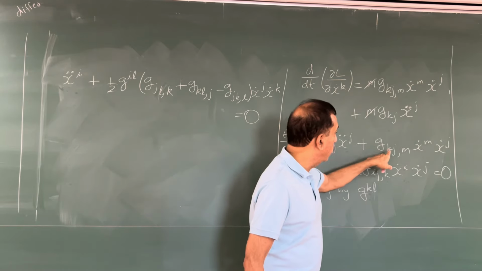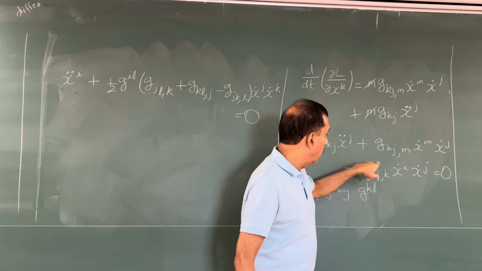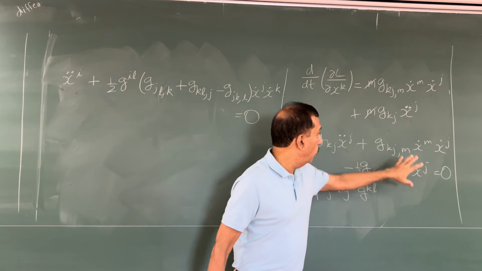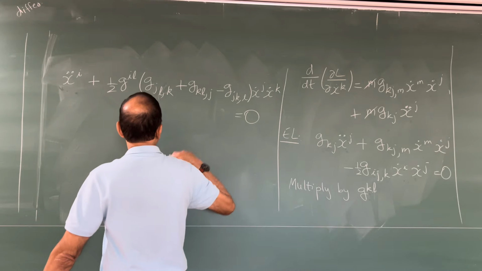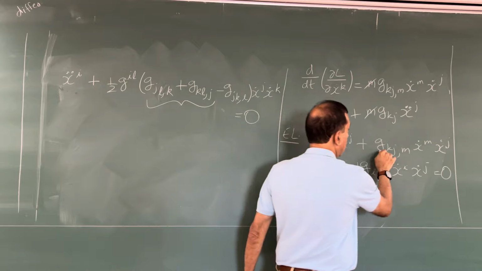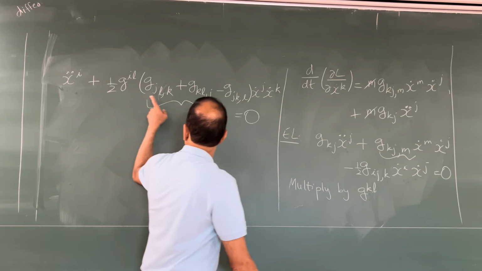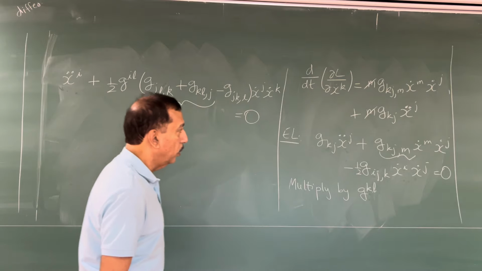Here you get g inverse g comma something and minus half g inverse g comma something, and the whole thing multiplies the 2 velocities. But instead I have 3 terms. So what I did was to take this single term and write it as half times the sum of 2 terms. Why am I able to do that?